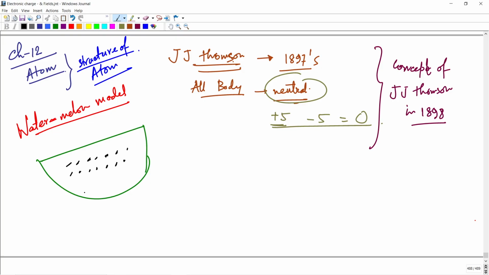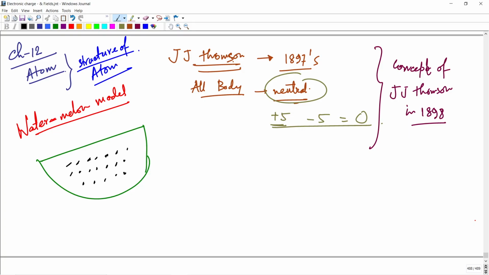This black dot represents the seeds of the watermelon, and these seeds represent the electrons. The positive charge is distributed throughout the volume of the watermelon.